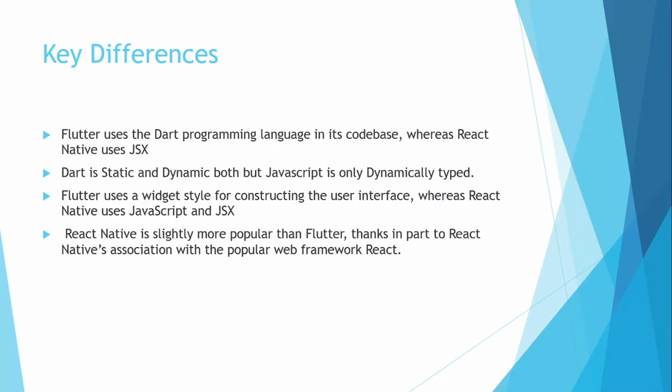But in React Native, you have to create your layout with JavaScript and JSX, and with the knowledge of Flexbox. They both use Flexbox-like styles, so you can use Flexbox in JavaScript and JSX if you want to create layouts. But in Flutter, it is already pre-made, so you can use them.